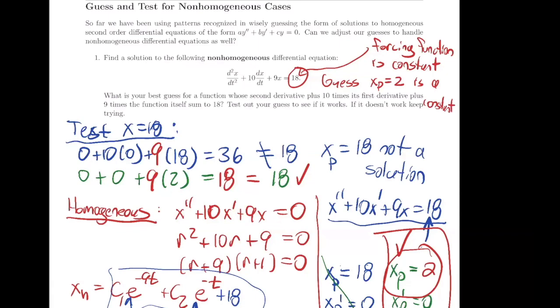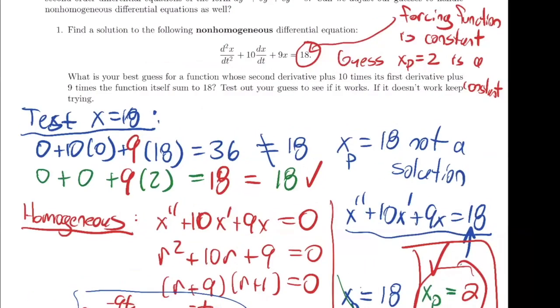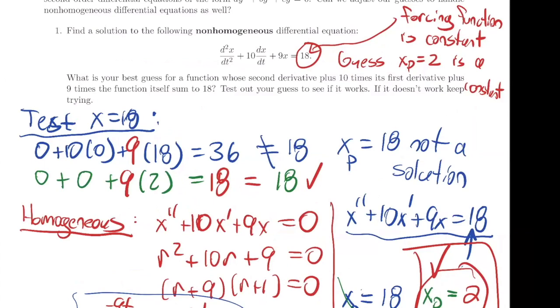Our guess for the particular solution was the same type of function as the forcing function. So our forcing function was a constant, our guess was a constant. Any questions about this one so far? Mainly why x equals 18 was a reasonable guess, but didn't work, and then tweaking it to x equals 2 was a successful solution.